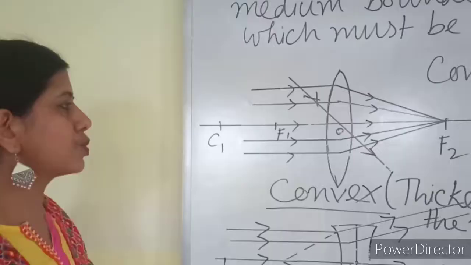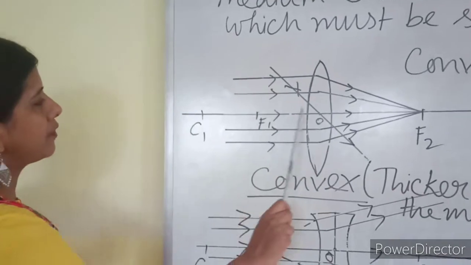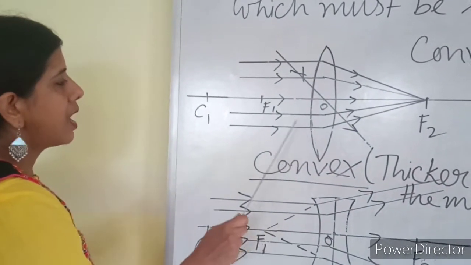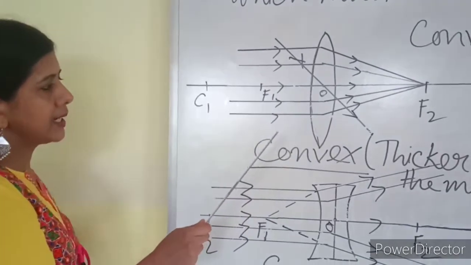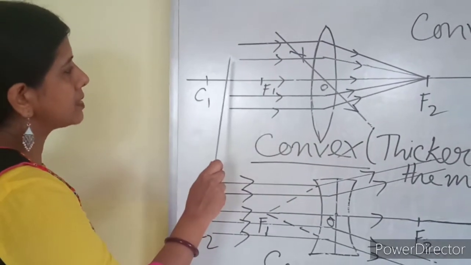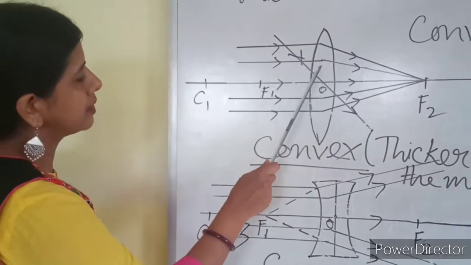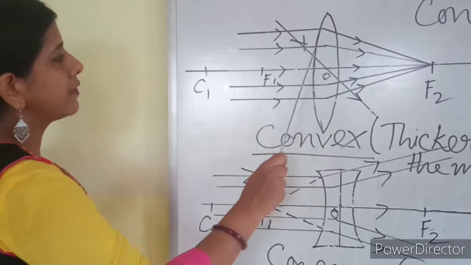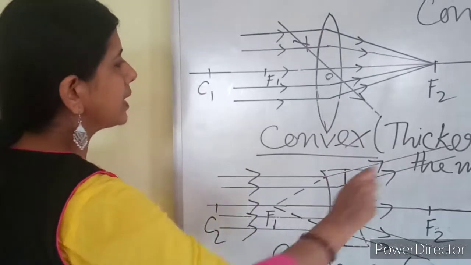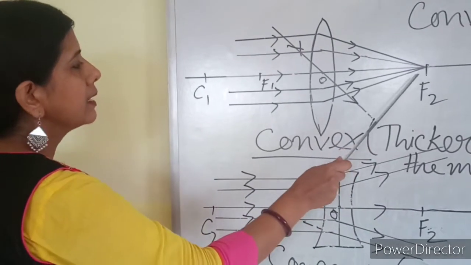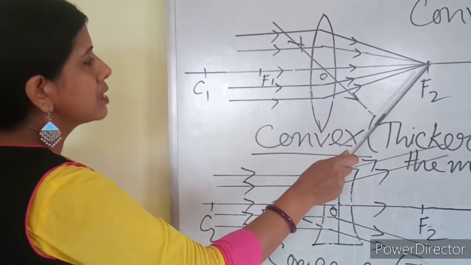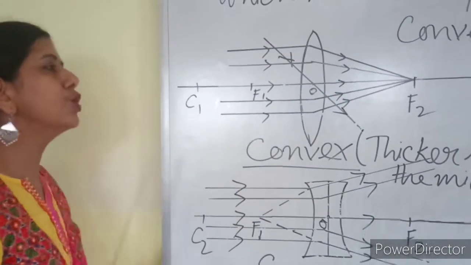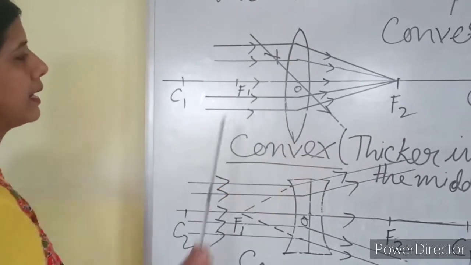So in this case, the rays of light which are coming parallel to the principal axis, after refraction, that is changing the medium, first the light rays entering from air to glass, now from glass to air, after refraction they are converging at a particular point. This point is known as focus. So in a lens there are two focus points, that is F1 and F2.